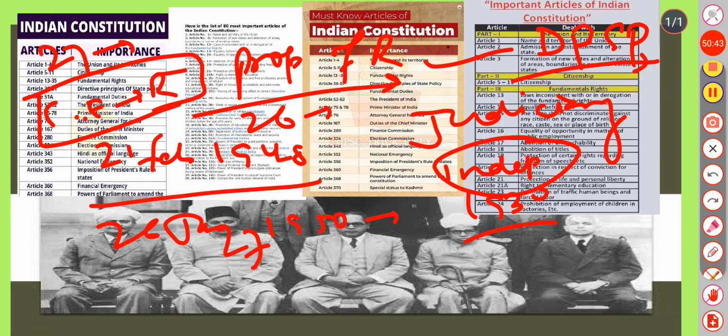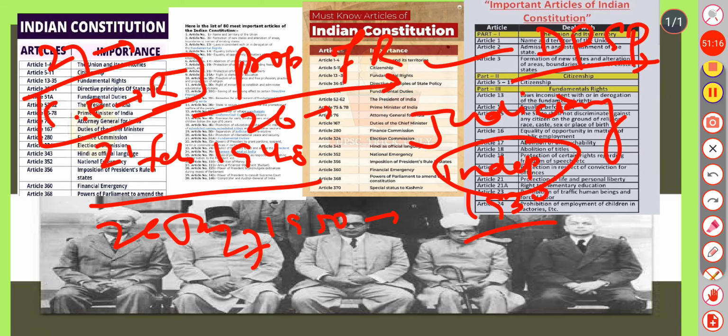Now move to Part 4A. Okay, Article 51A, fundamental duties. Okay, fundamental duties, and Part 5, that is the Union. And in this we will study the executive. Article 52, the President of India. Article 53, executive power of the Union, and Article 54, election of the President, and Article 61, procedure for impeachment of the President.